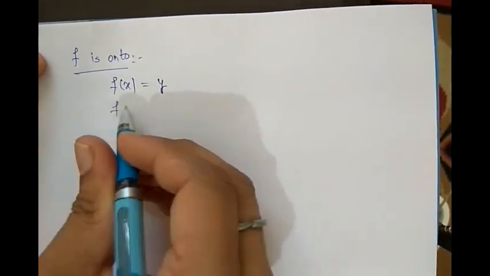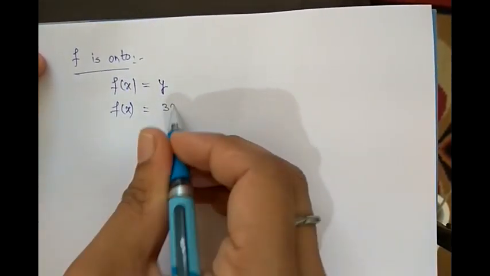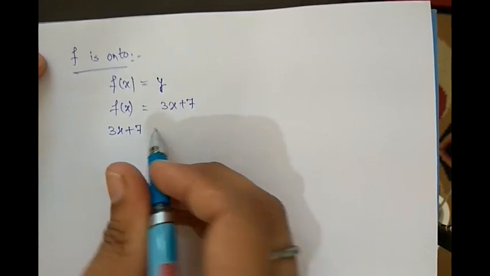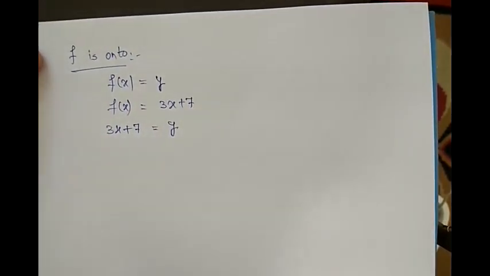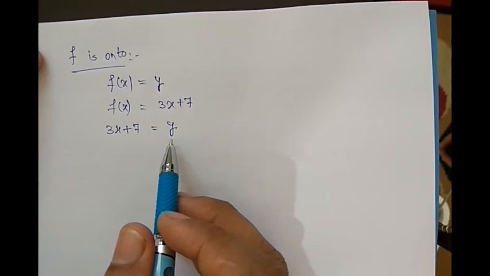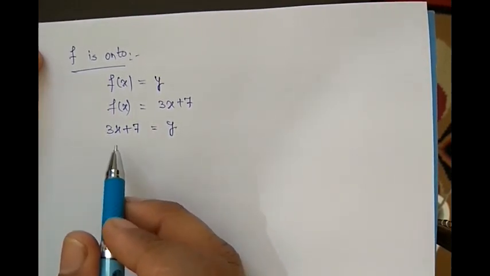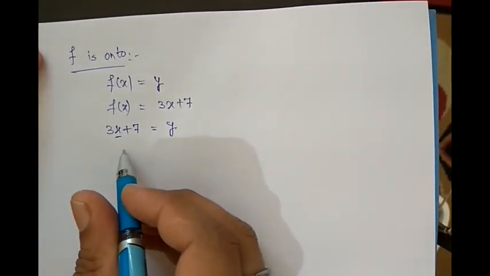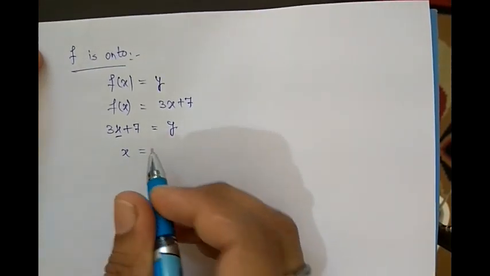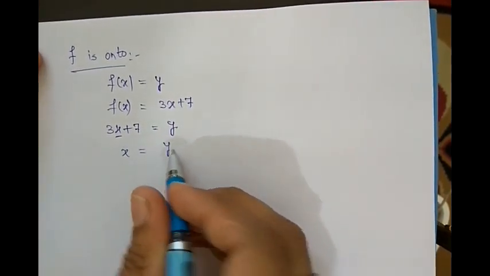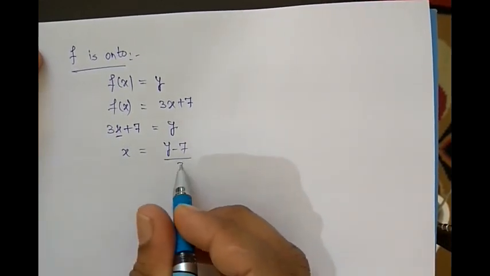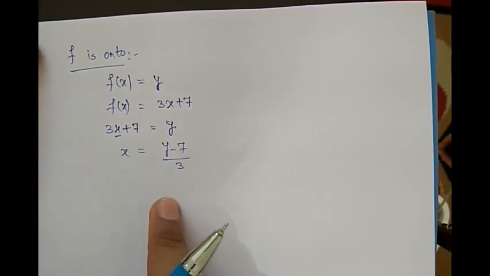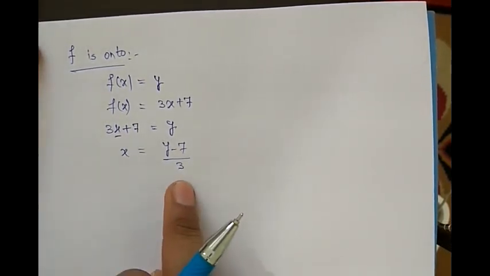The value of f(x) was given as 3x plus 7, so we will write 3x plus 7 equal to y. Here the values of y are written in terms of x. Now we will try to write the value of x in terms of y. On rearranging, we can write x is equal to (y minus 7) upon 3.